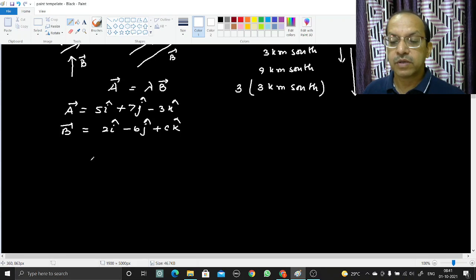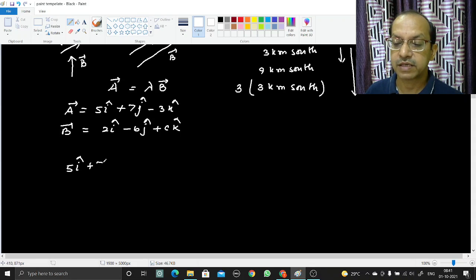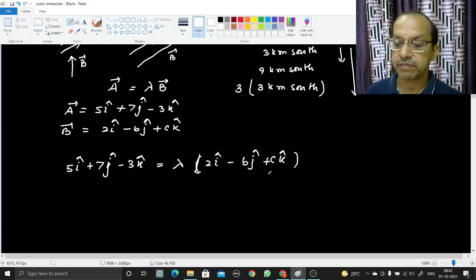So A equal to lambda B. We'll put this A and B into the equation. So 5i cap plus 7j cap minus 3k cap equal to lambda times 2i cap minus bj cap plus ck cap.